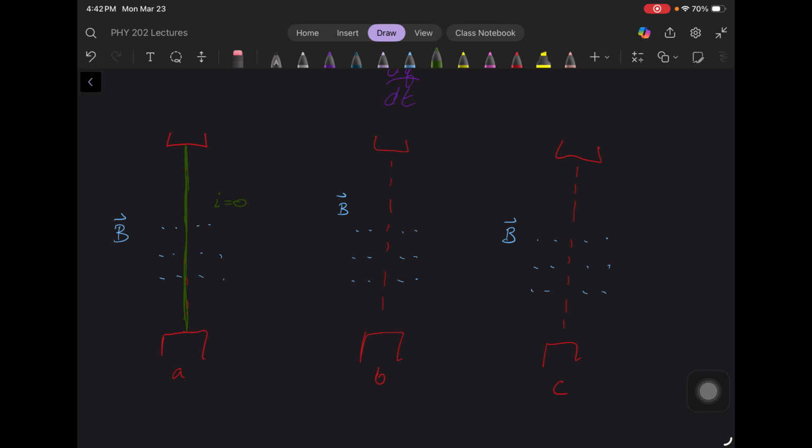But now let's say, what if our current is going up through the wire? Well, we would have V is going up, B is coming out of the page. And so if we point our pointer finger up, middle finger coming out of the page, we get the forces to the right.